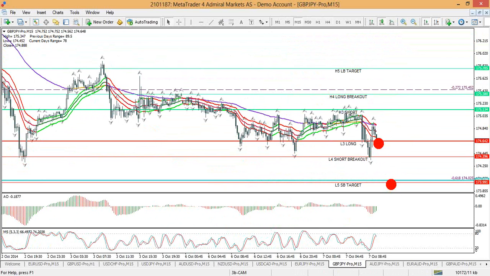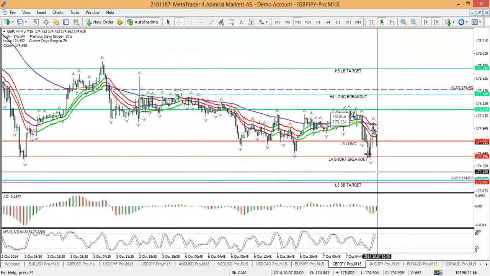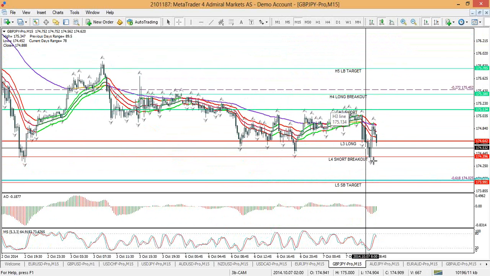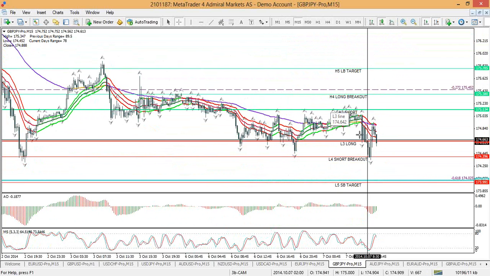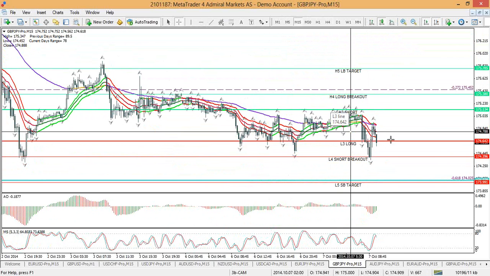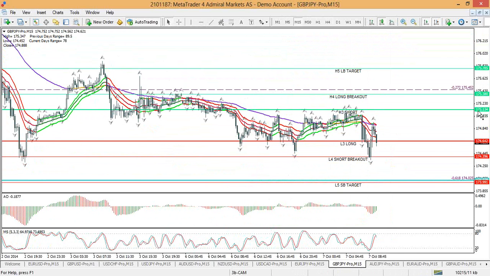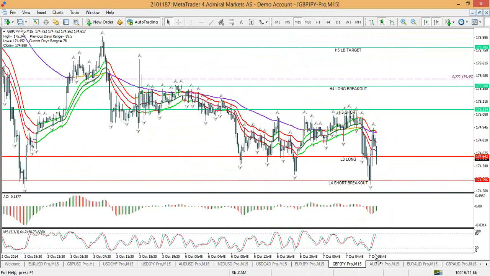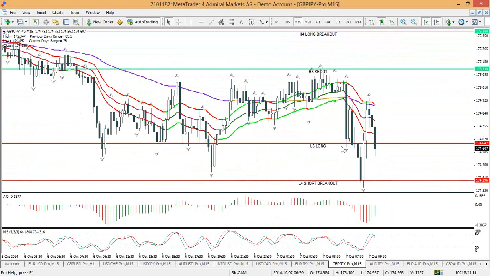So that fall from current price down to 174 seems like a decent trade. It would be maybe even better than the pound odd. Price did push through L3, making lower lows and lower highs on the 15. So it would be the same like trading the L3 break.